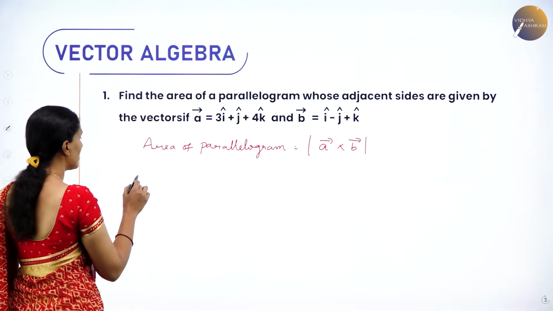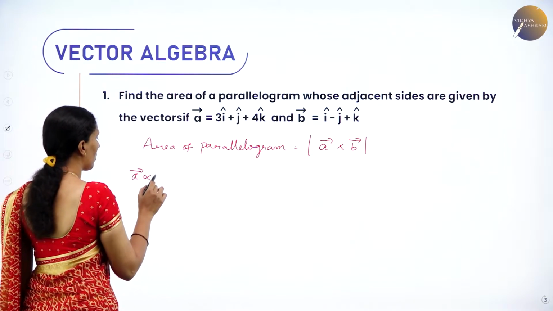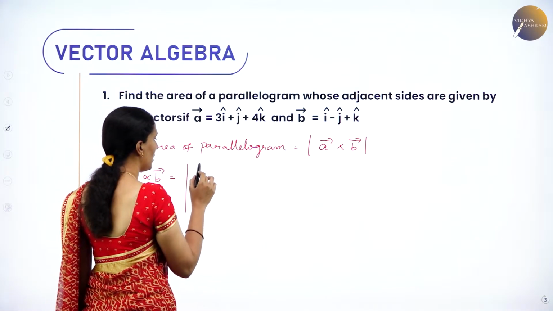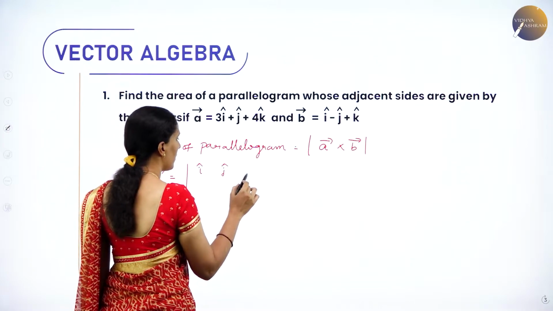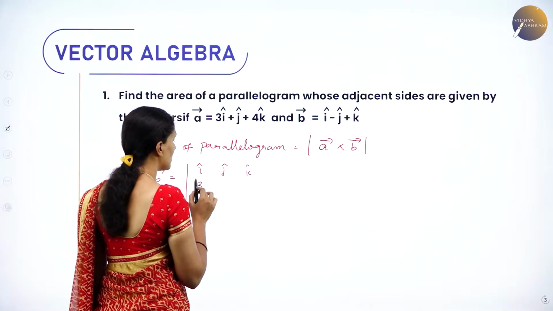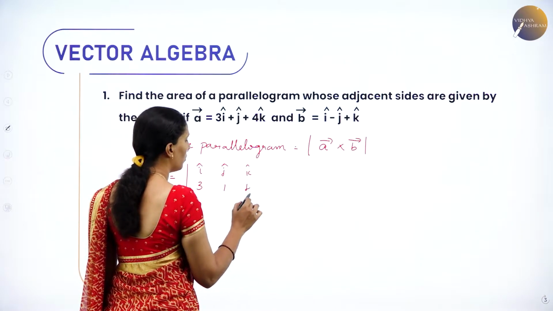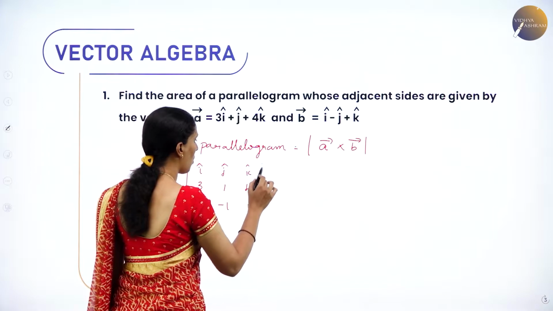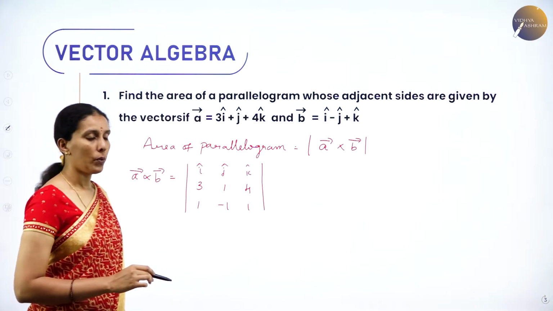So first let us write down vector A cross vector B is equal to, in the form of determinant, i, j, k, and here we will write the components of vector A, that is 3, 1, 4, and the last row is 1, minus 1, 1. That is the component of the vector B.